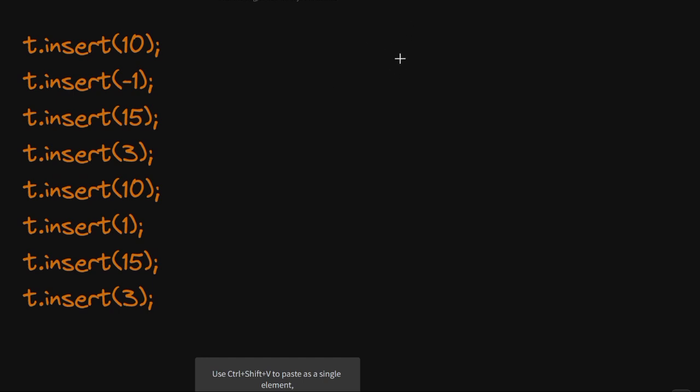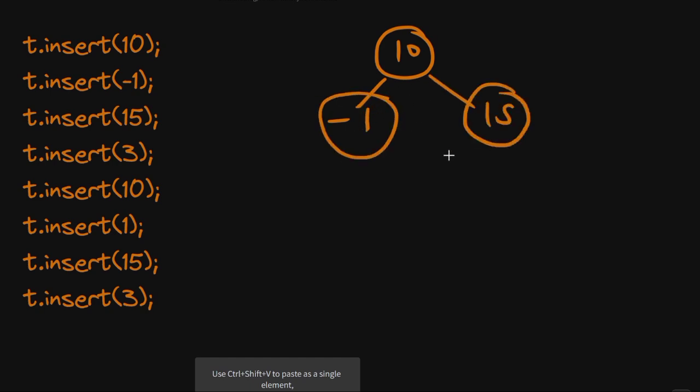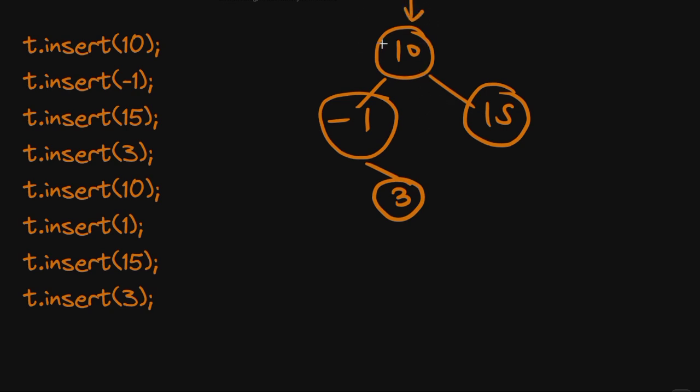Considering 10, we first add 10. So 10 would be here, -1 would be here. Okay, 15 would be here. 3 is greater than -1 and less than 10. Then 10 again. We said it would be left biased. So 10 is less than or equal to 10, so it would come here. 10 is greater than -1, so it would come here. It is greater than 3, so 10 here.